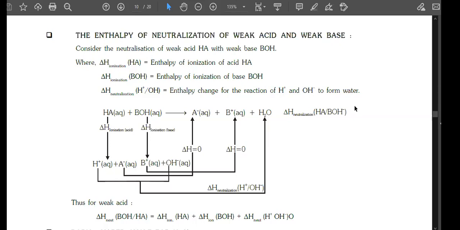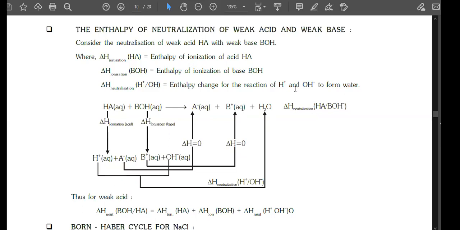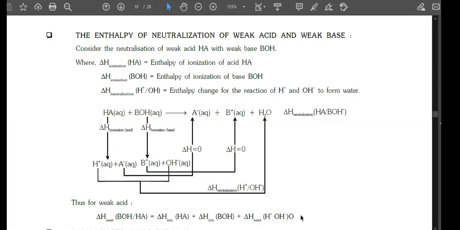That energy of neutralization, delta H neutralization, is your delta H ionization plus delta H neutralization of H plus and OH minus. Everyone got this? Just raise your hand.